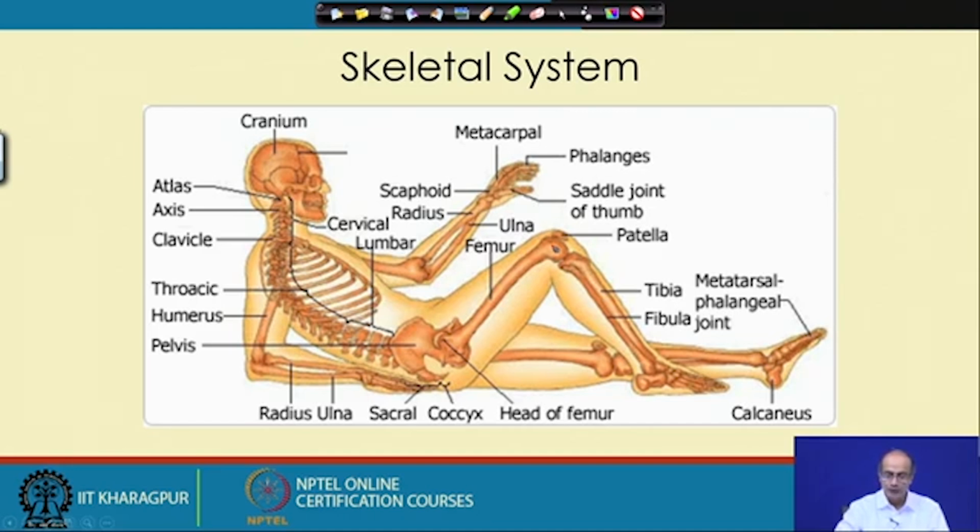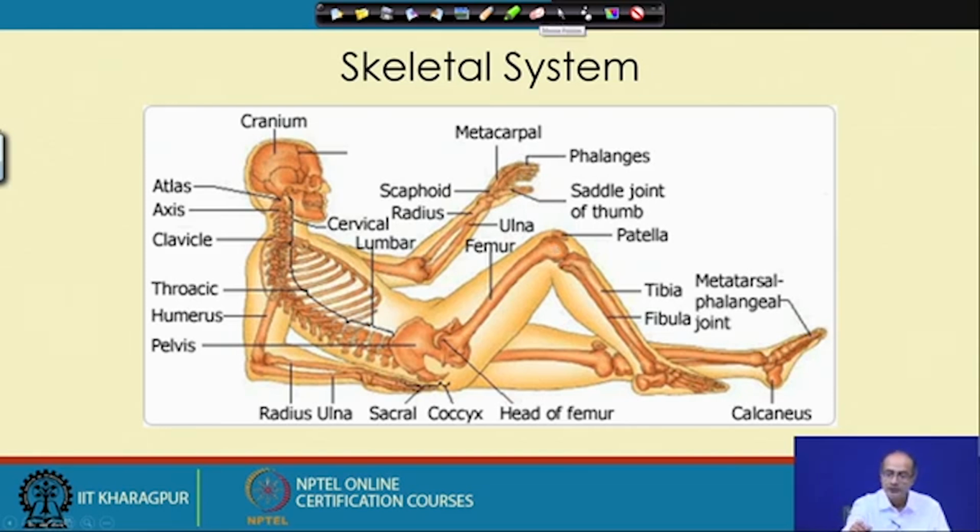One more small piece of information: each bone is covered with a fibrous layer called the periosteum, which contains nerves and blood vessels that provide nourishment to the bone. That helps the growth of the bone, as well as healing in case of fractures or cracks.